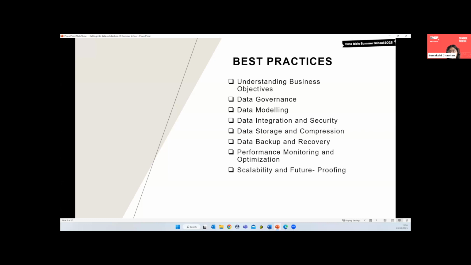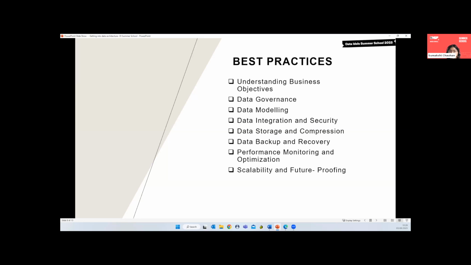The decisions we take in terms of the data, the technologies, or the data storage that we use should be aligned with the business goals. We should always remember the long-term goal of why we are doing that data architecture design. Why do we need to do that?